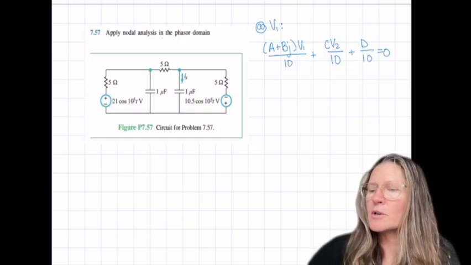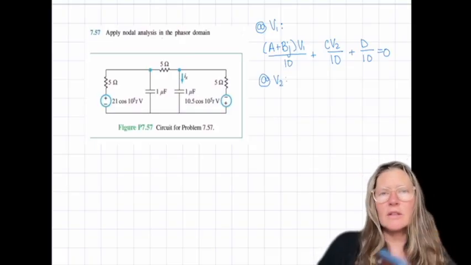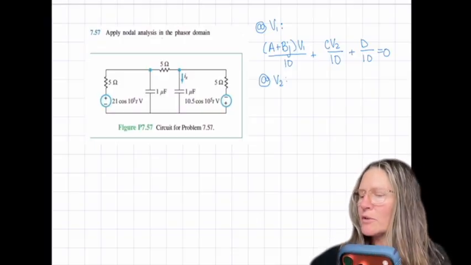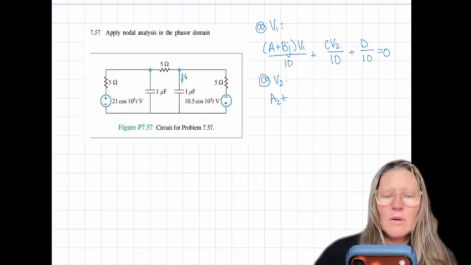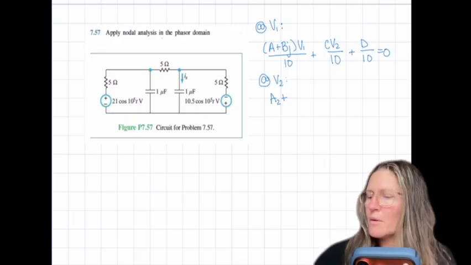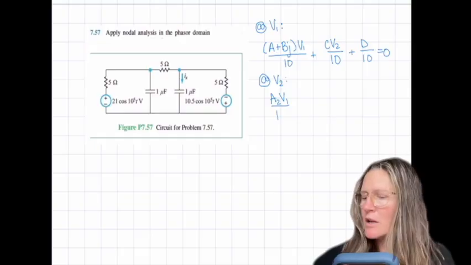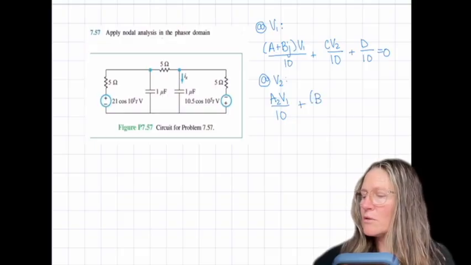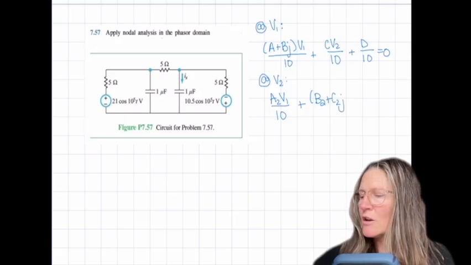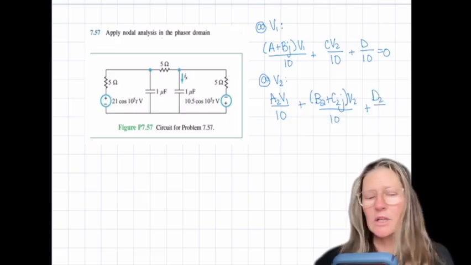And then for the node voltage equation at V2, I want that form to be, let's do A2 V1 over 10 plus (B2 plus C2j) V2 over 10 plus D2 over 10 equals 0.